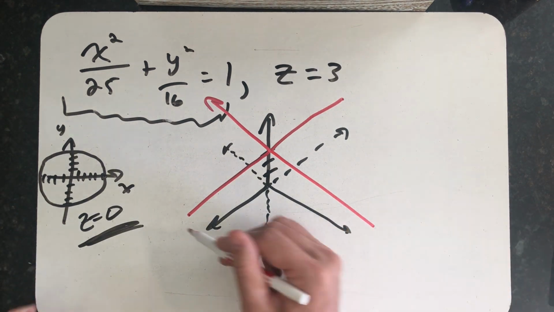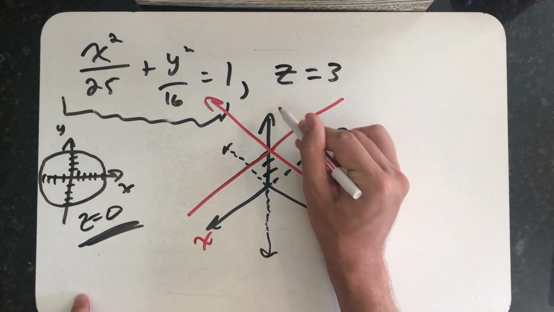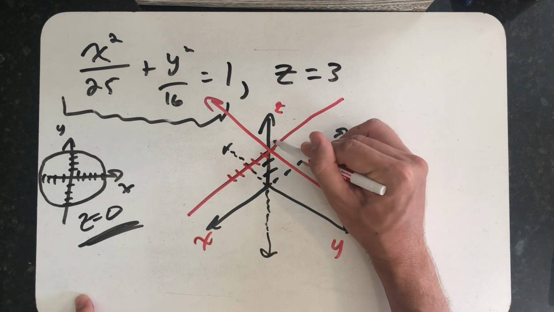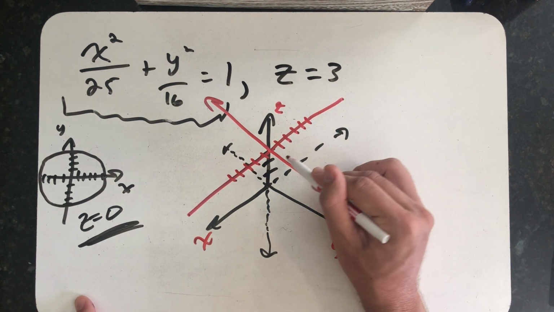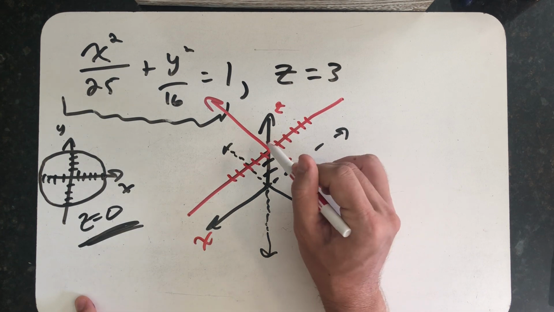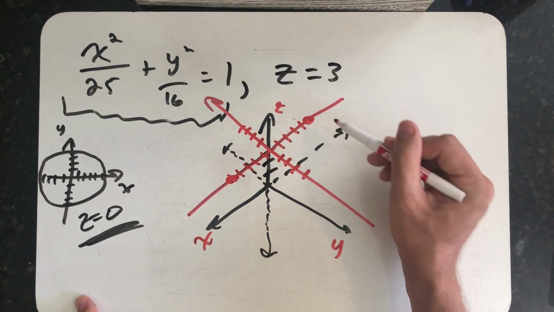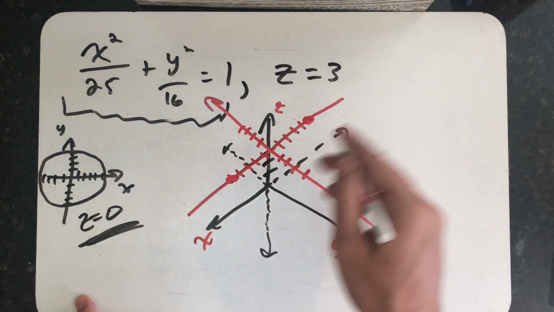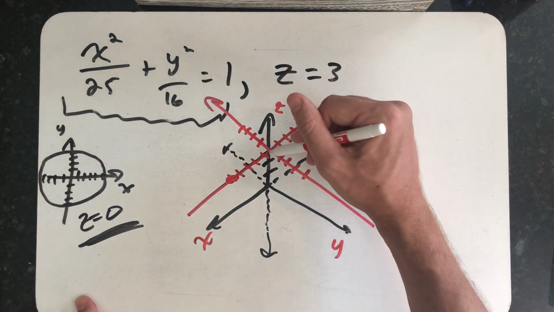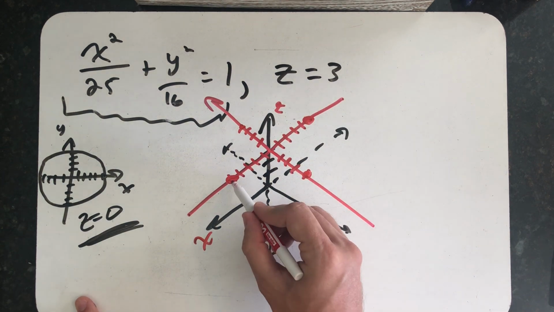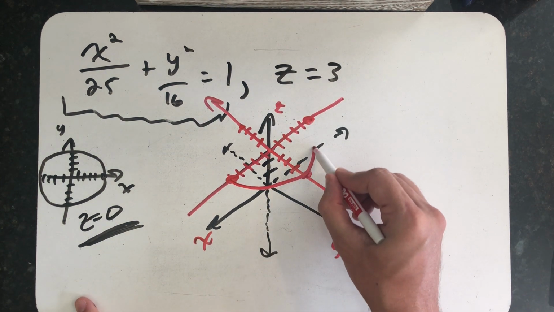And now I just need to draw an ellipse, thinking about x, y, and z. All right, in the x direction, I need to go out 5 in both directions. In the y direction, I need to go out 4. And then I can sketch in my ellipse.